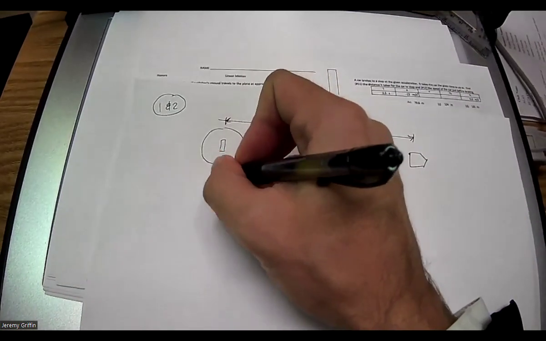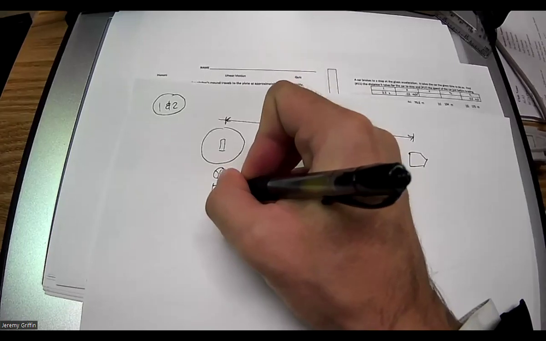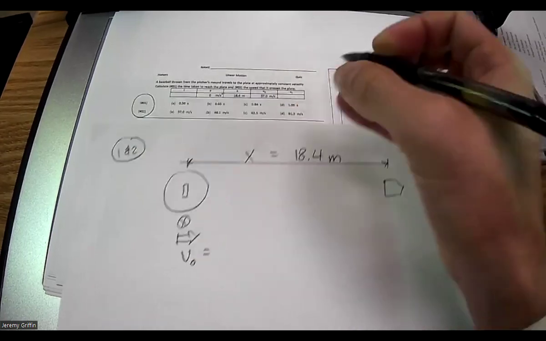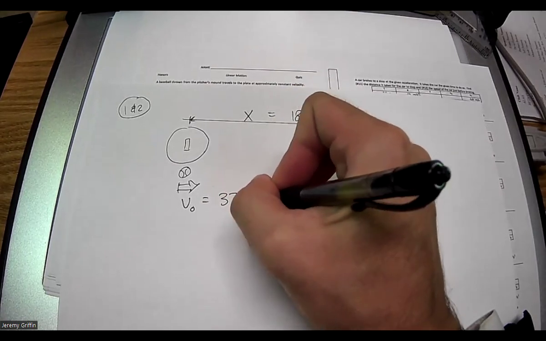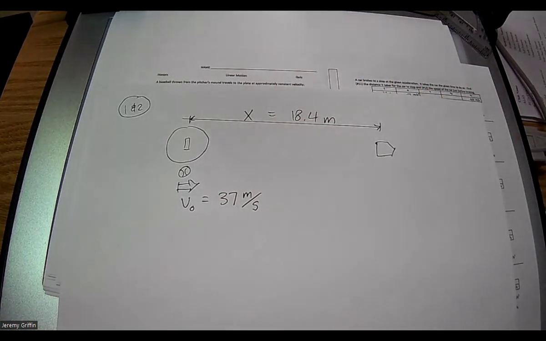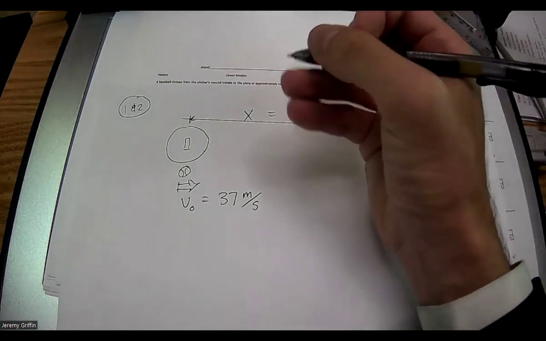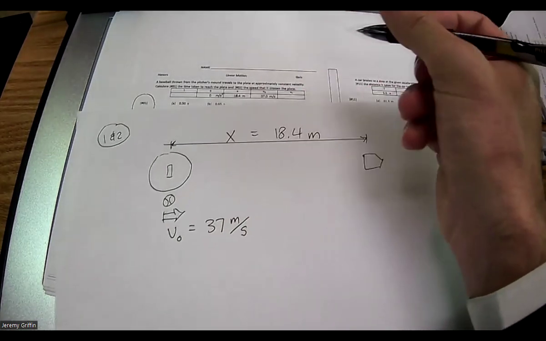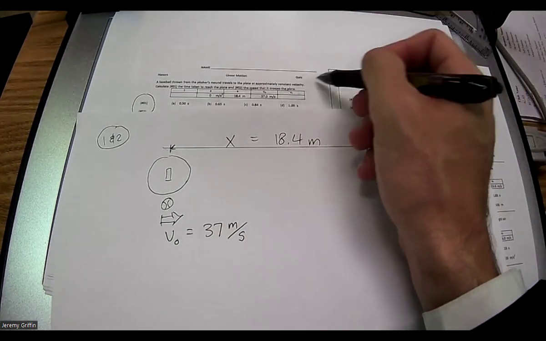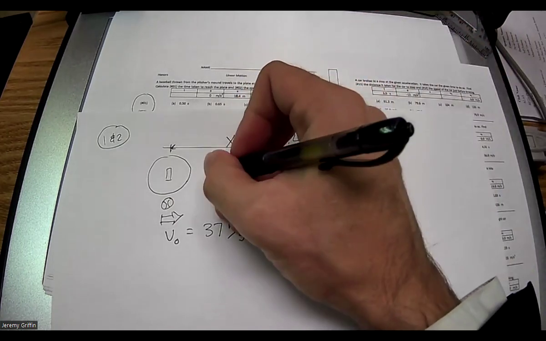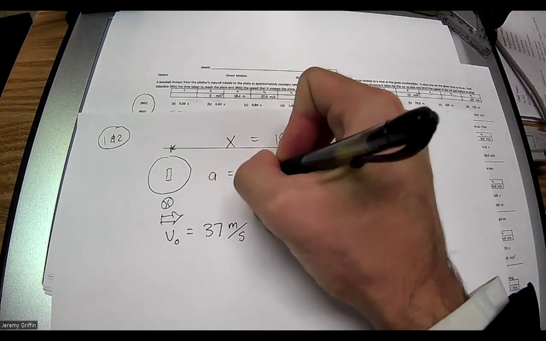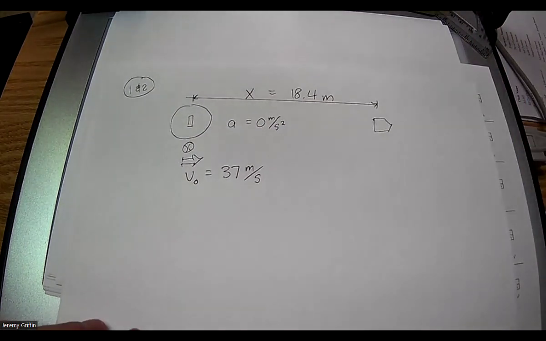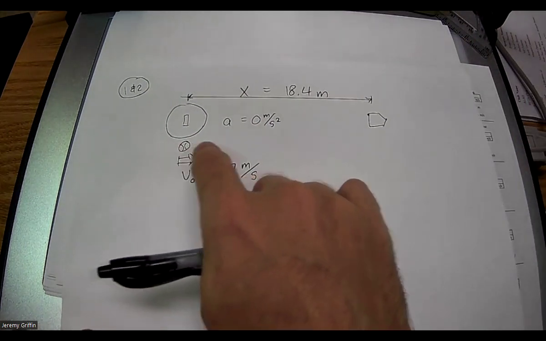My paper says 37 meters per second, but on your paper it probably says something different. I also said constant velocity, which means 0 acceleration, so acceleration is 0 meters per second squared. Basically, the ball's not speeding up or slowing down.